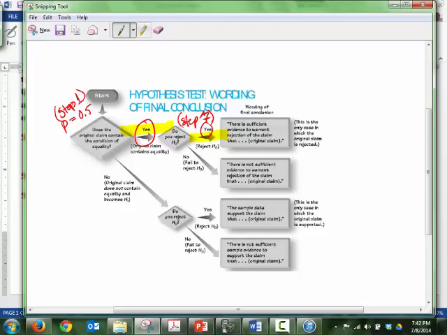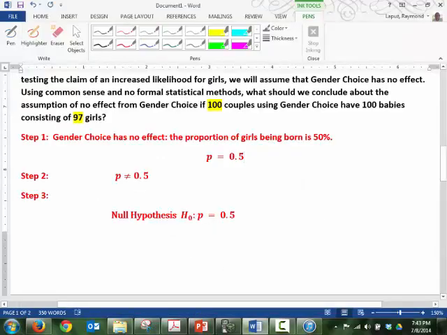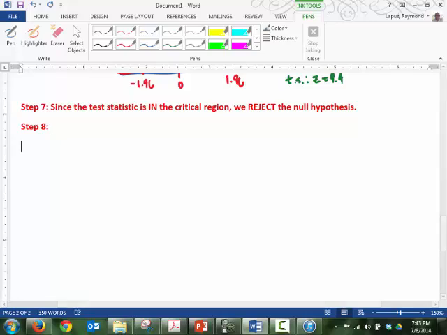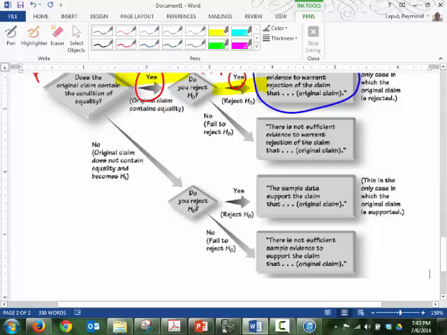So for this particular problem, we should be focused on this statement. Whoa, that's big.